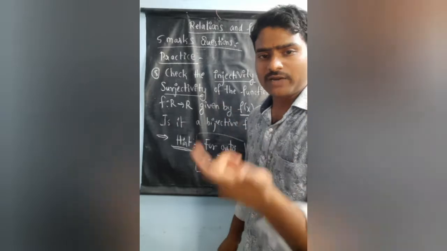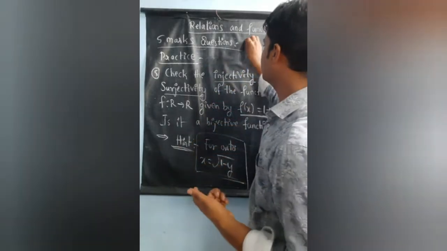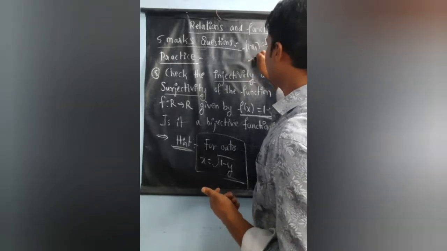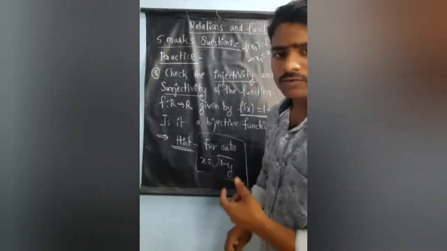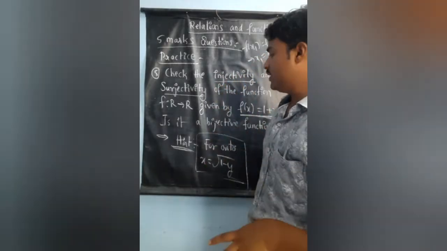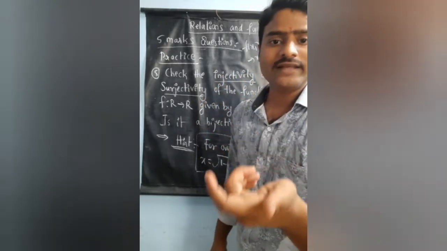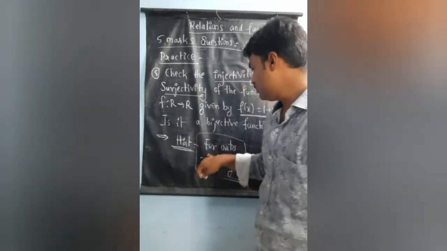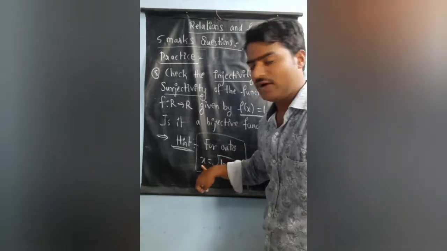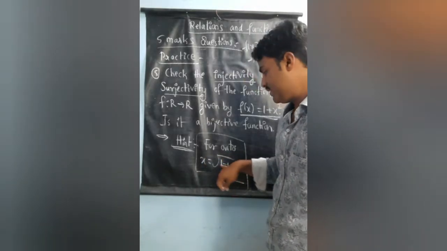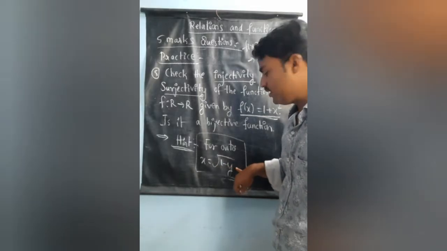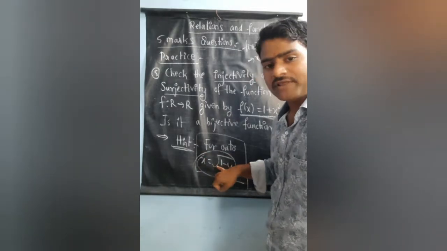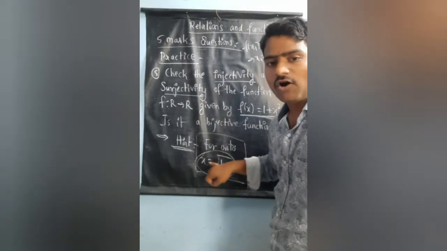For one-one, you can easily do it considering two elements x1 and x2. We choose f of x1 equal to f of x2 and prove that x1 equal to x2. For onto, we will choose y, and x such that f of x equal to y. The hint is x equals square root of 1 minus root y. If you choose this and substitute it, you will get f of x equal to y, then you can show that this is an onto function.